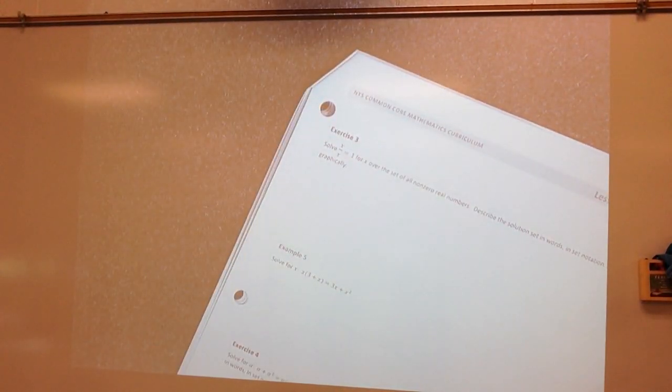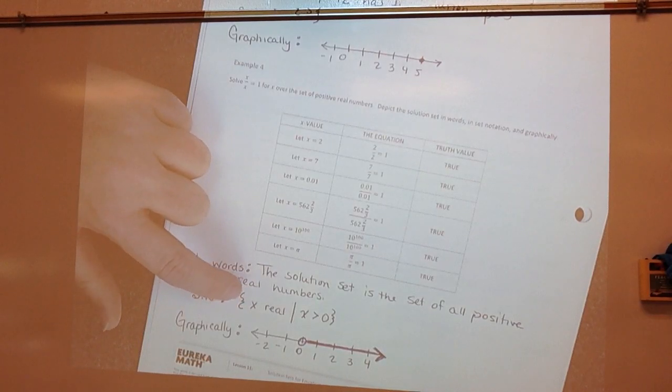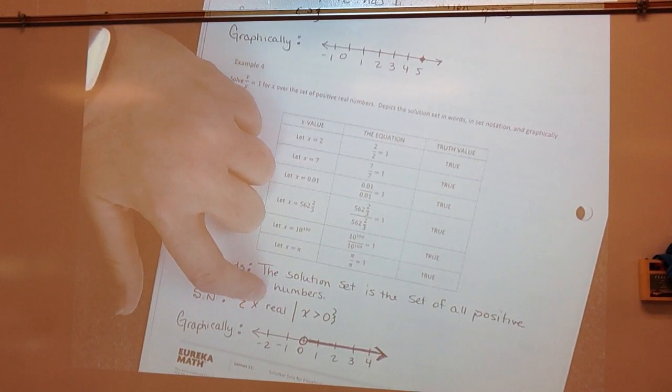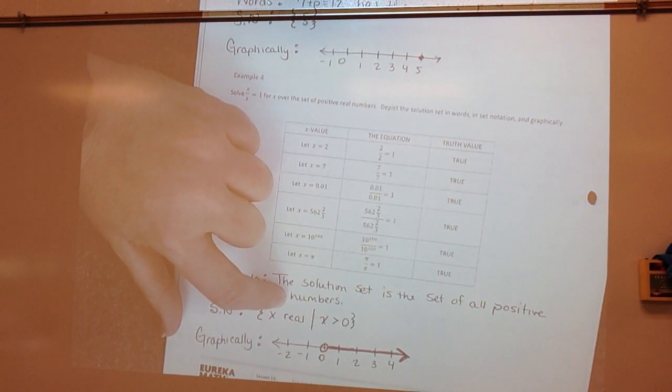All right, so let's talk about set notation for just a moment. If it is possible to list the elements in a set, then you can do so. Okay? You can list 5, -5, whatever. If it's not possible, then this is what it's going to look like. I'm going to tell you what my variable is, and in this case it was x.